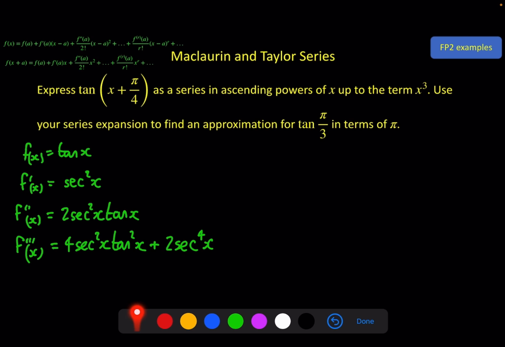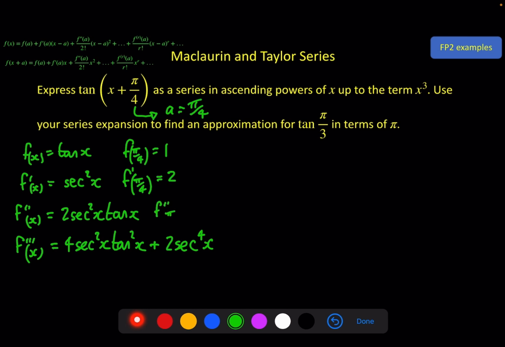Now we need to evaluate this at x equals a, where a is pi by 4. Pi by 4 is a nice number to use in tan because it is just a 1. It's a bit more complicated in cosine. It's a root 2 over 2, and that should give us a 2.